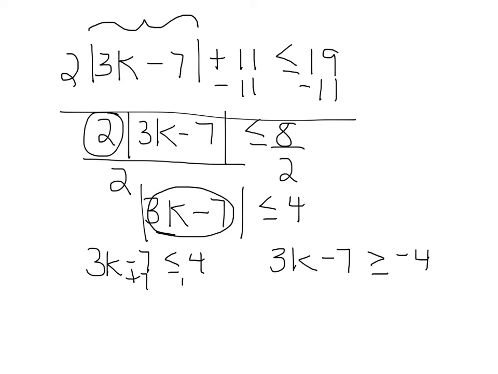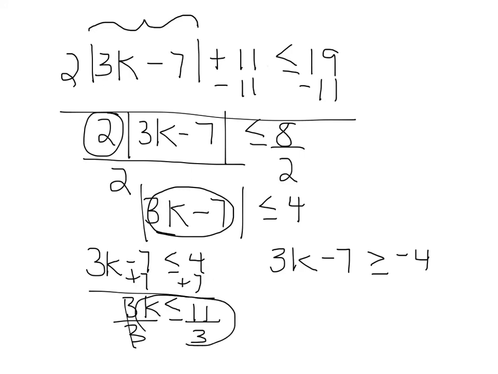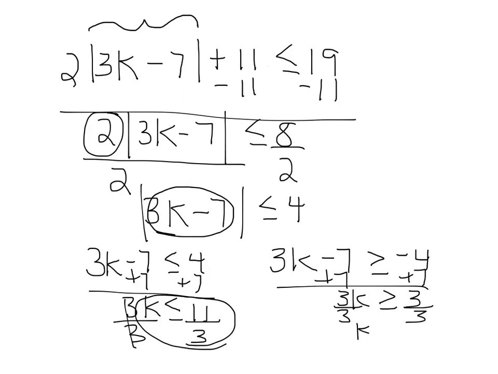When I solve this, I get 3k is less than or equal to 11. And you can just leave your fractions like this, 11 thirds. So k is less than or equal to 11 thirds. And k is greater than or equal to 1.